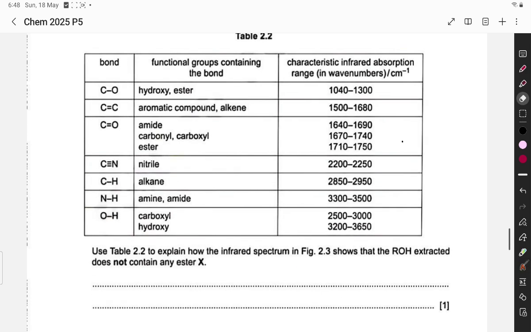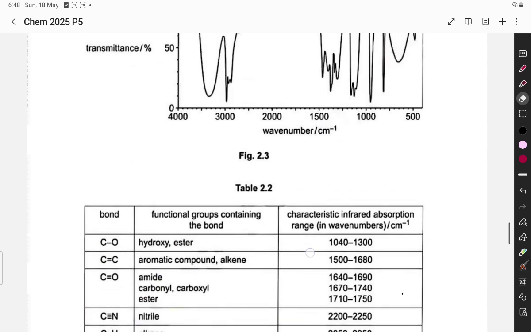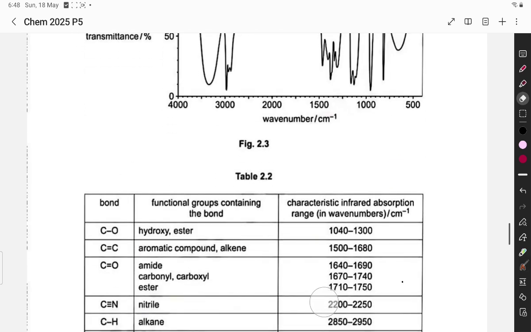It does not contain any ester because the peak at 1710 to 1750, which is the C=O of an ester, is missing.